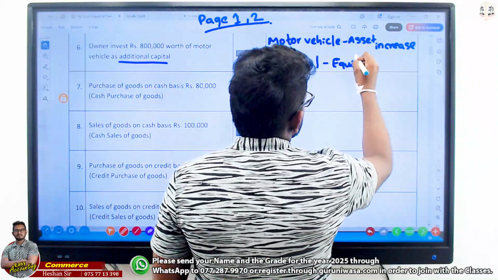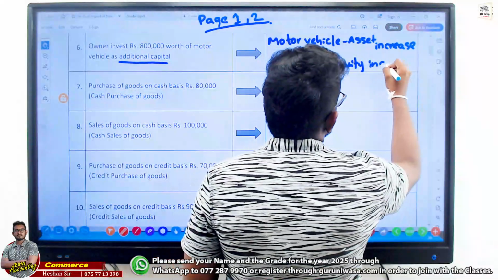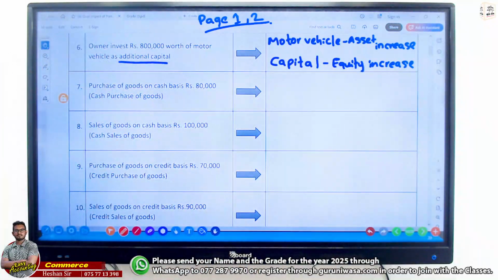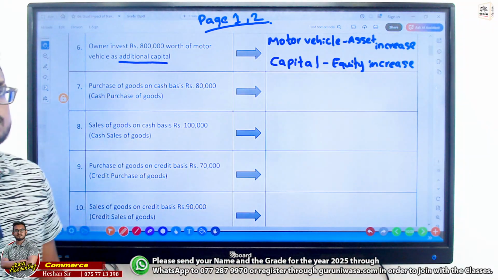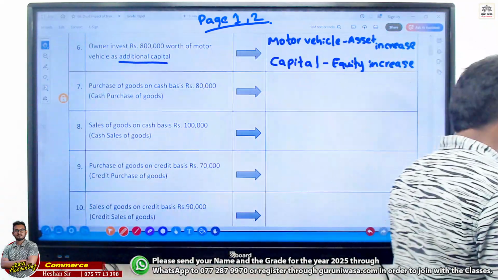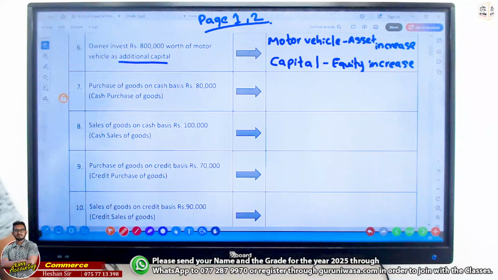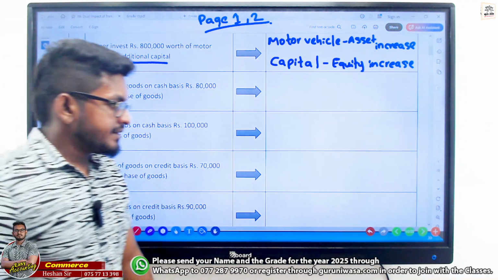Capital equity increase. When the owner invests something, the owner's ownership increases. Right? Turn on the videos. I can't repeat.